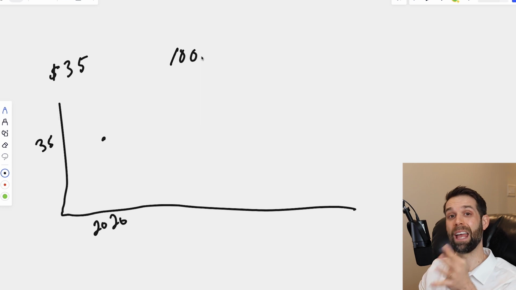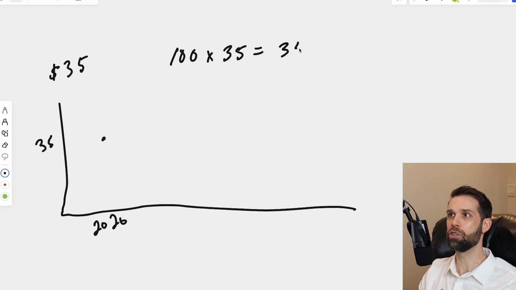And if you don't own any Nikola shares, then you'll get a pop-up that says you're going to open a short position, and you click OK. And the price is $35. So what would happen is you will gain $3,500 in your account, and you're going to have basically a negative 100 balance of Nikola stock.